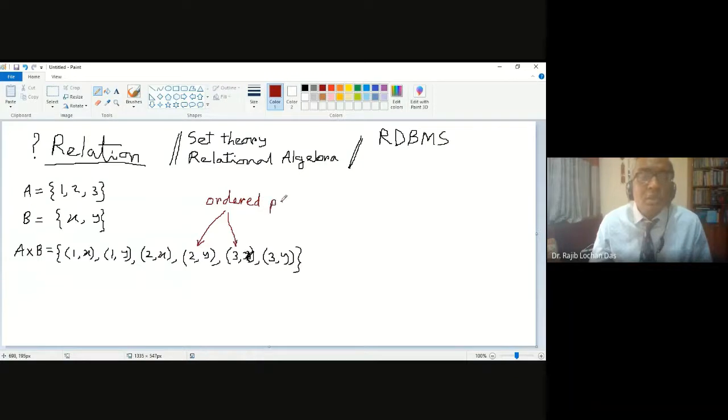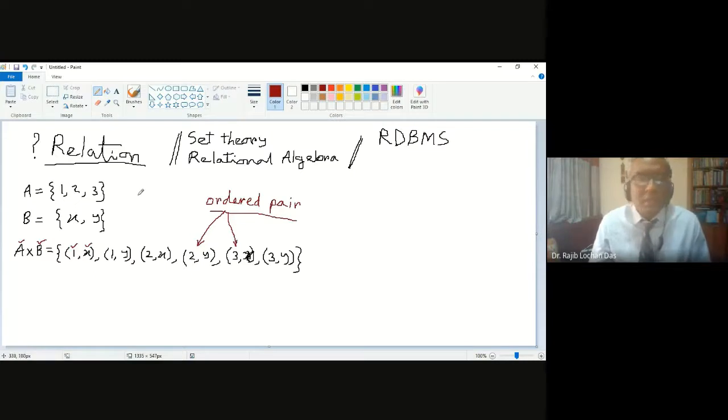Because the first element should be taken from the first set, and the second element should be from the second set. So this is the order: first element from the first set, second element from the second set. That is why it is ordered, and pair means it has only two items.